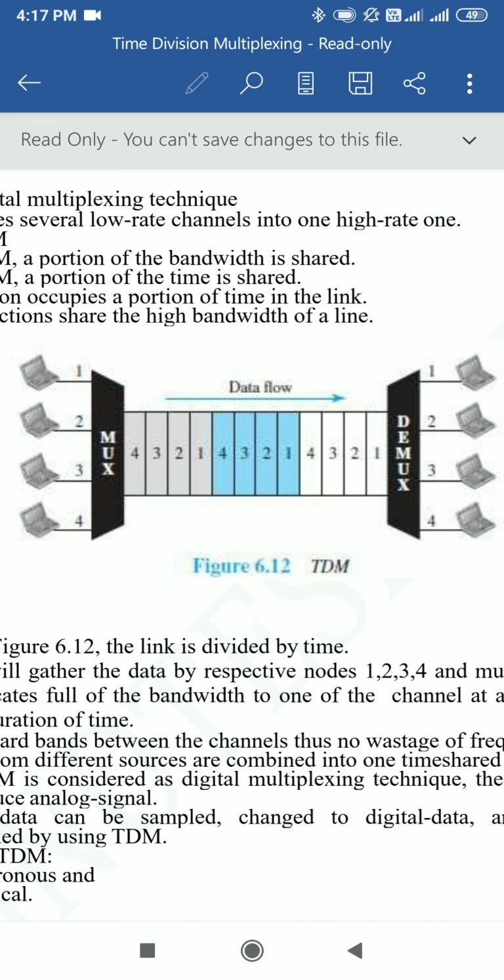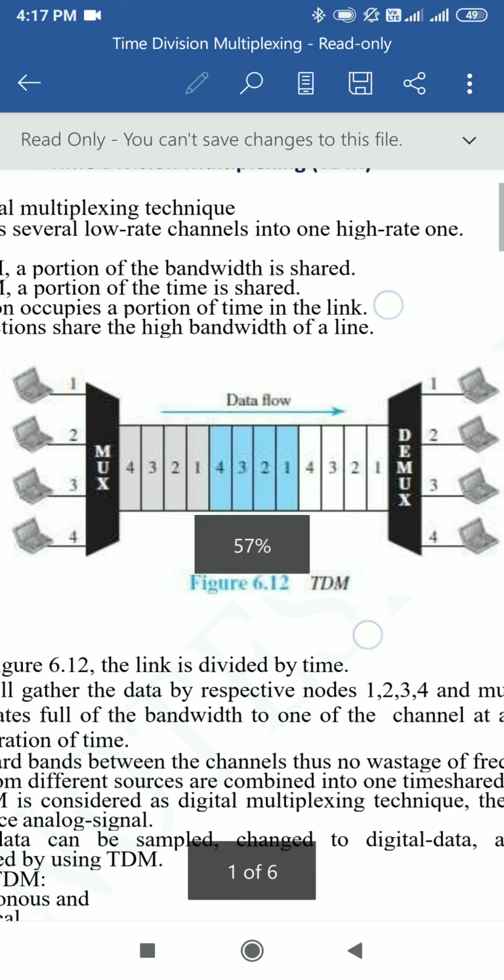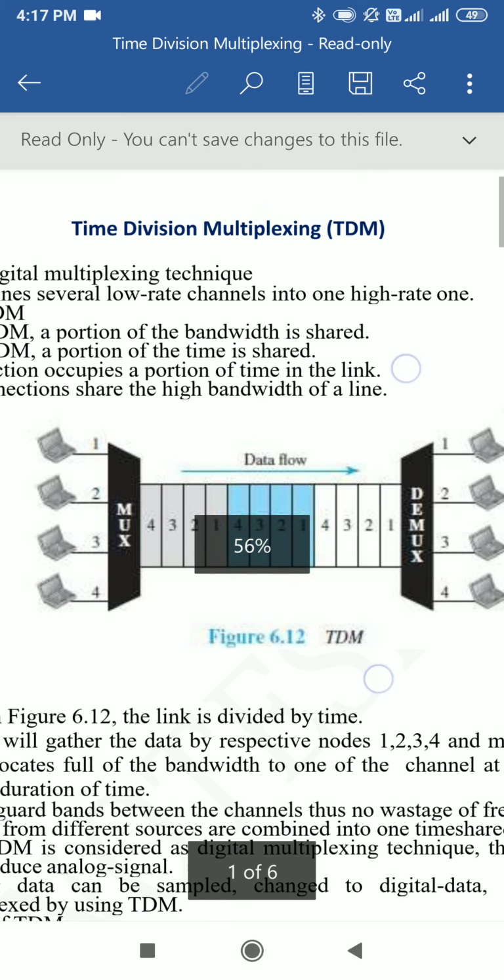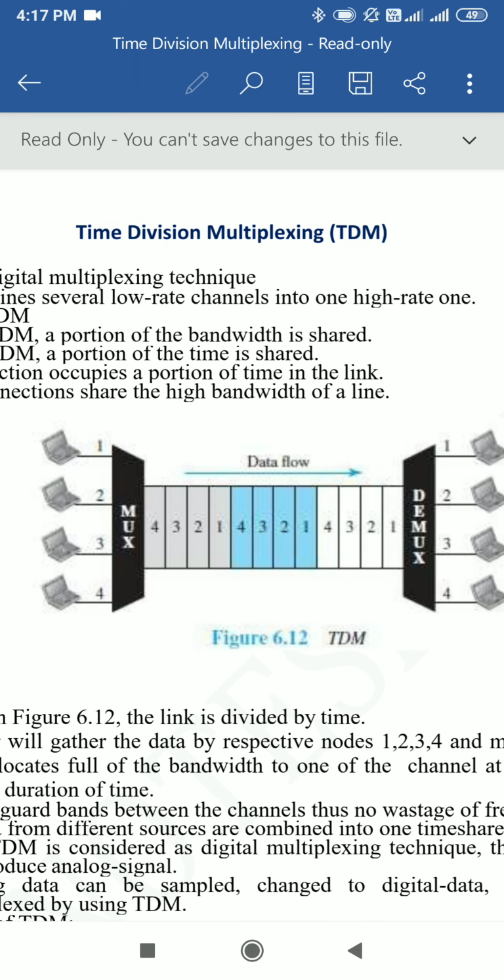WDM works similar to FDM, but when compared to FDM, it has higher frequency and higher speed. FDM is responsible for transmitting electrical signals, whereas WDM is responsible for transmitting optical signals.